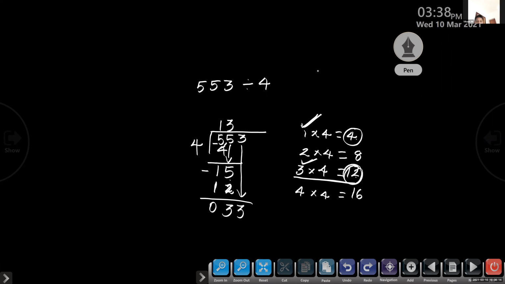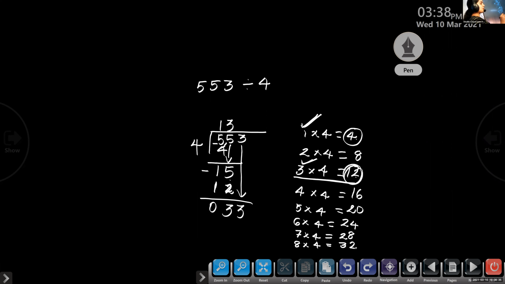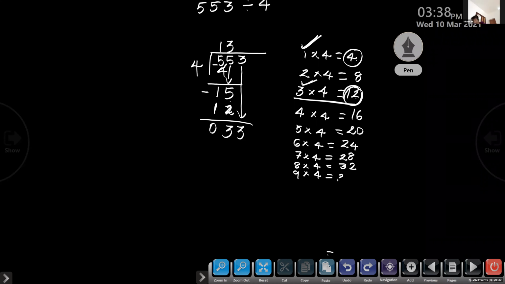So when you continue the table, 4 fours are 16. 5 fours are what you will get? 20. 6 fours are 24. 7 fours are 28. 8 fours are 32. 9 fours are 36. See, we only have 33.